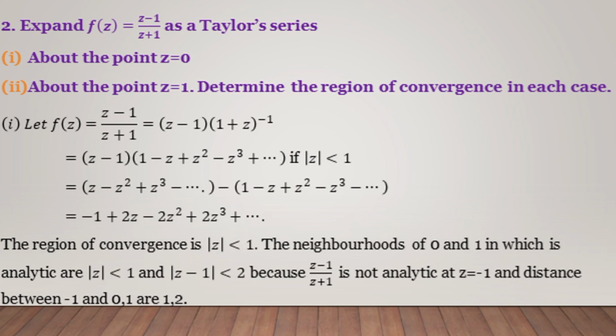By expanding this, we will get minus 1 plus 2z minus 2z square plus 2z cube plus etc. This region of convergence is modulus z is less than 1. Then in the neighborhood of 0, the region where f is analytic is modulus z is less than 1, and about 1 it is modulus z minus 1 is less than 2, because z minus 1 divided by z plus 1 is not analytic at z equal to minus 1.